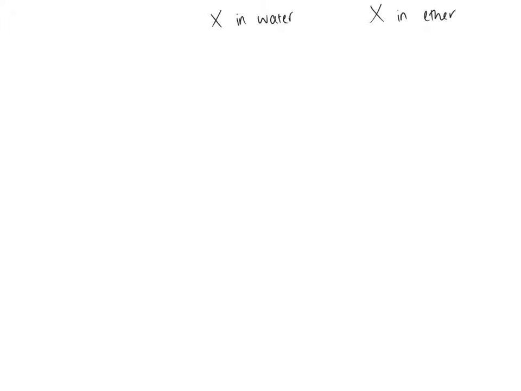And down the left hand side, as before, will be my initial mass, reacting mass, equilibrium mass, volume of solvent, and equilibrium concentration.